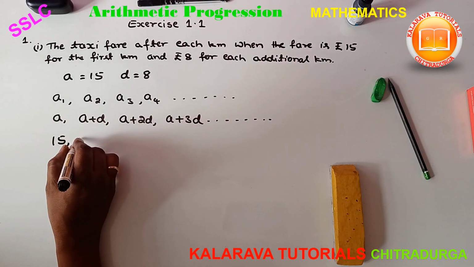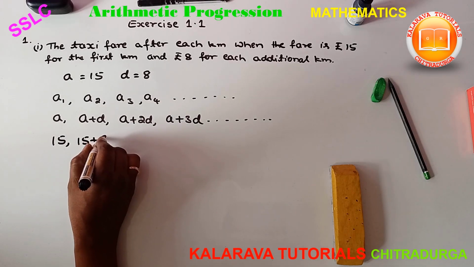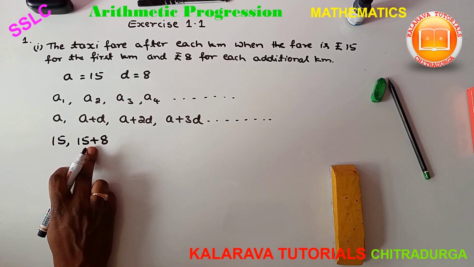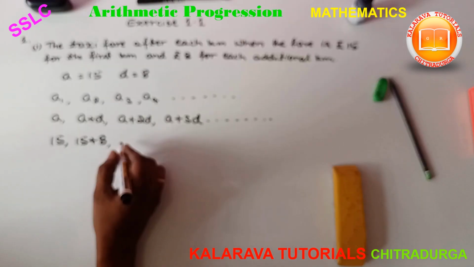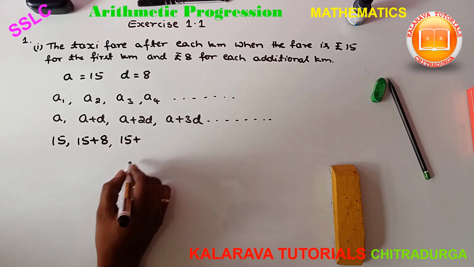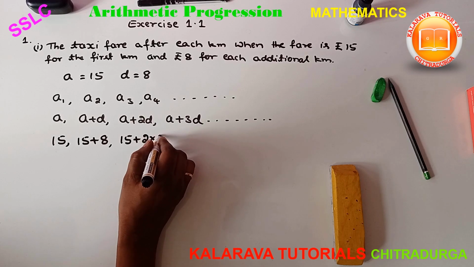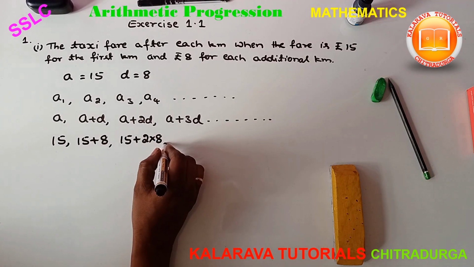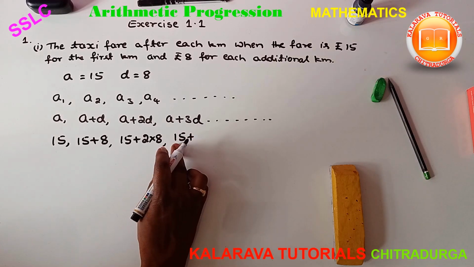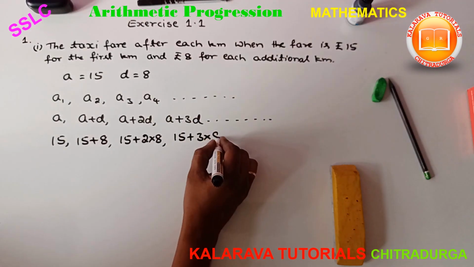So for the next kilometer, that means 15 rupees plus 8. This is for the first kilometer and this is for the second kilometer. For the third term, that means for the third kilometer, we add 15 plus 2 times D, that means 2 into 8. And for the fourth term, 15 plus 3 into 8, the next additional kilometer.